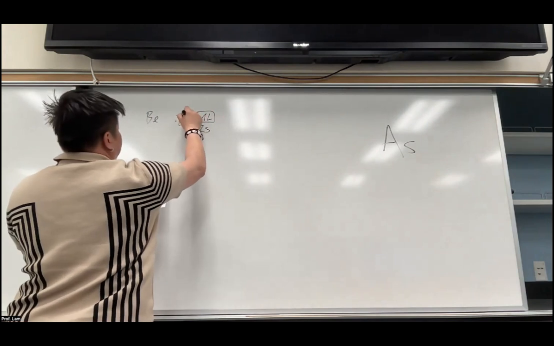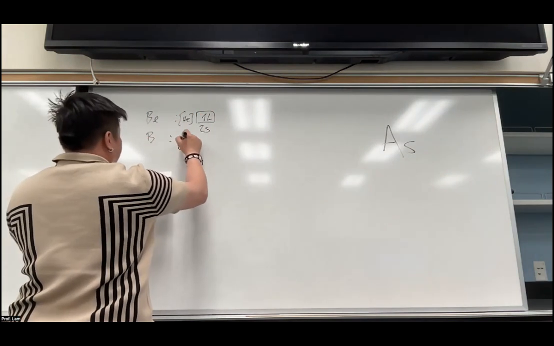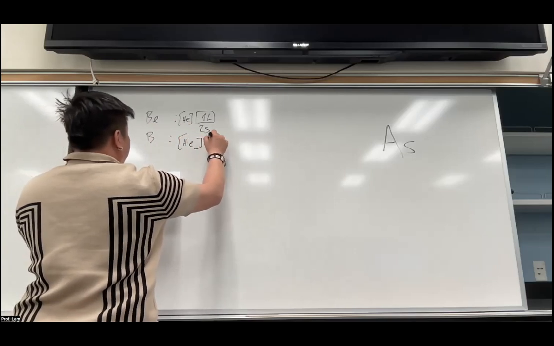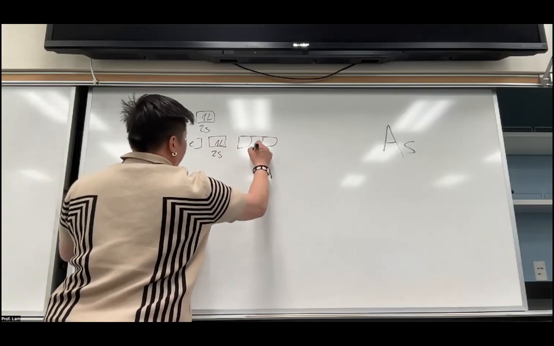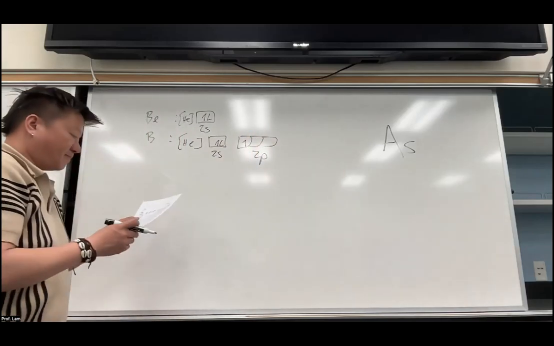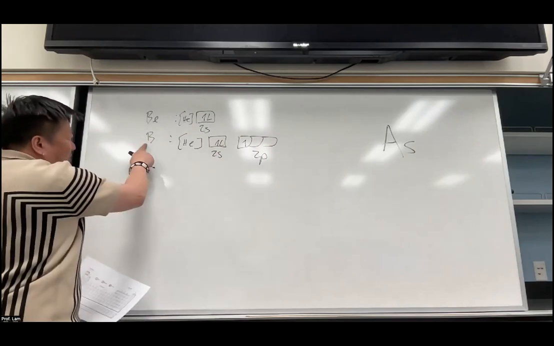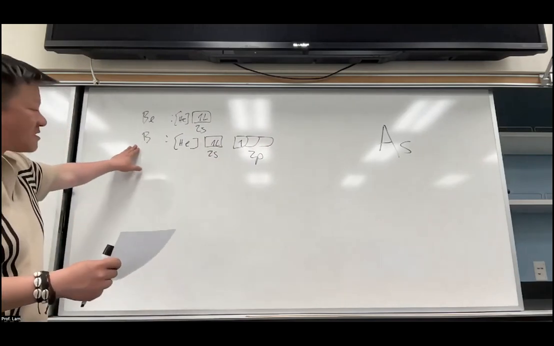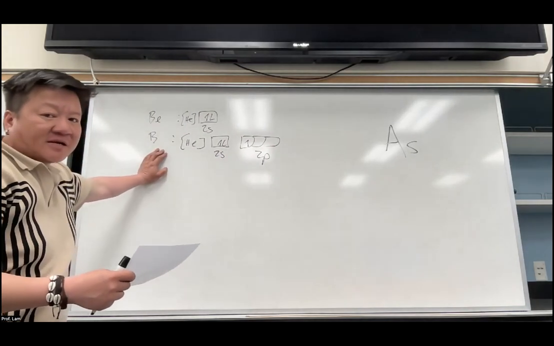Brackets helium 2s2. For boron, it's brackets helium 2s2 2p1. Even though boron is smaller than beryllium, it actually has a slightly lower ionization energy.